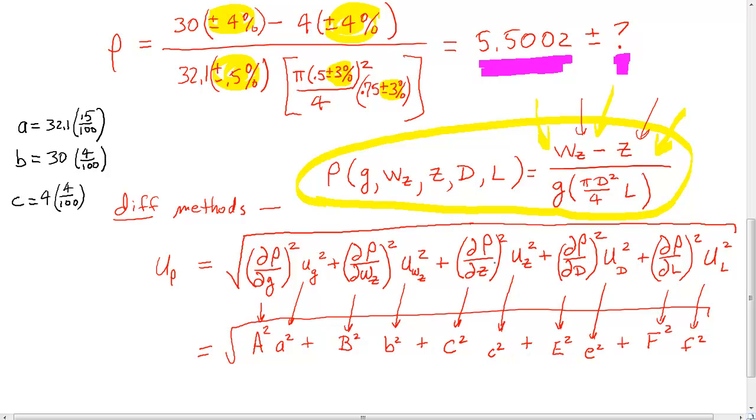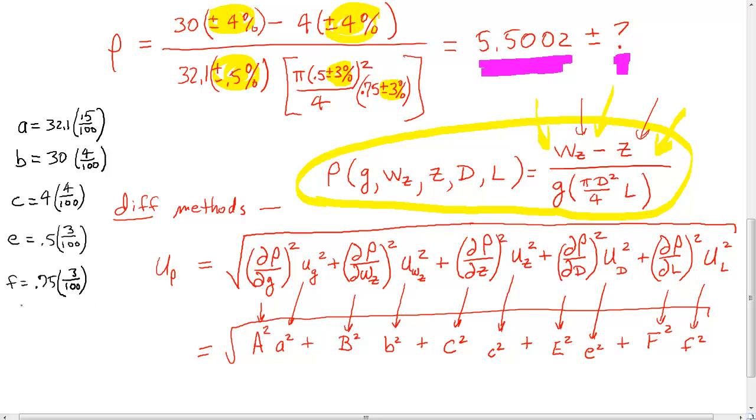And then the little e is, ironically, the D, 0.5 times 3 over 100. And the F is this length right here, is equal to 0.75 plus or minus 3 over 100.